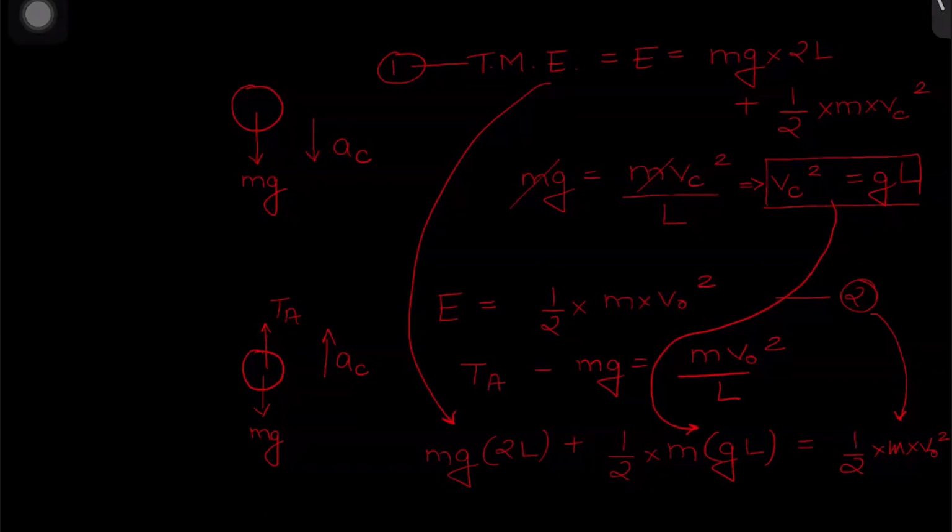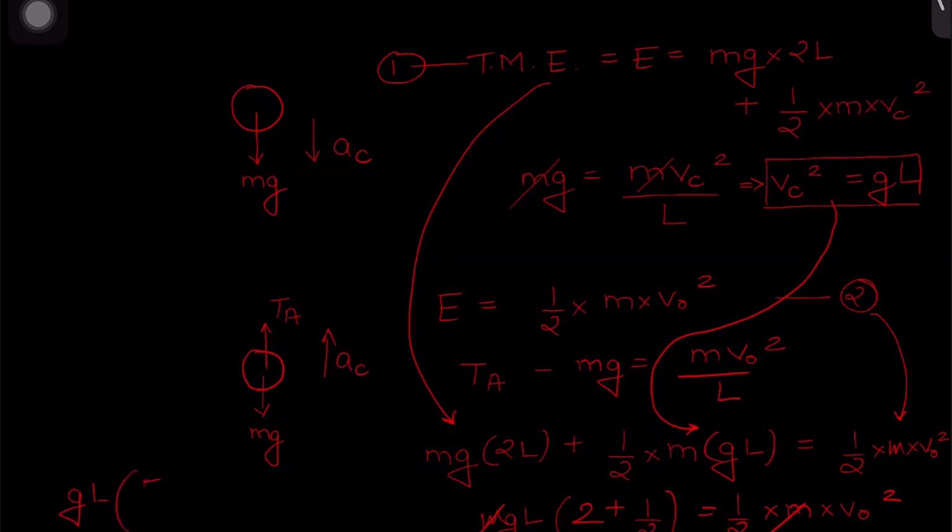Now let me do more simplification. Let me take mgl as constant. If I take mgl as constant, I will get 2 plus 1 by 2 is equal to 1 by 2 into m into v naught square. Just cancel m from both locations. Now look at this very clearly, I'm just doing the mathematical formulation.